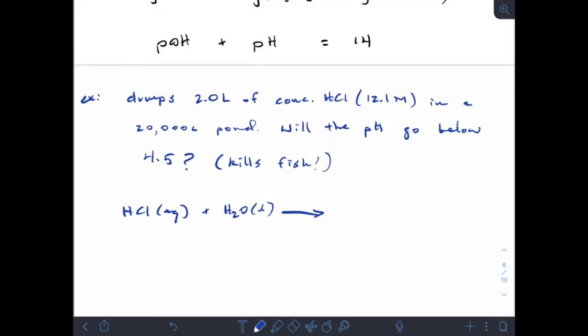That's why we want to know the list of strong acids, so I can understand how to treat this problem. So 100% ionization, right? Ka is large, pKa is small. So all I really need to know to find the pH is the concentration of H3O+.